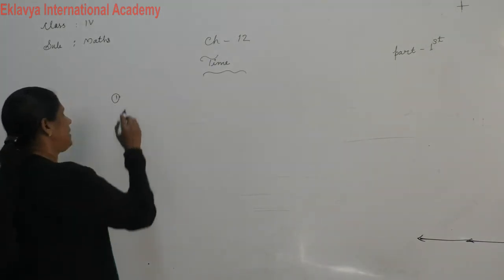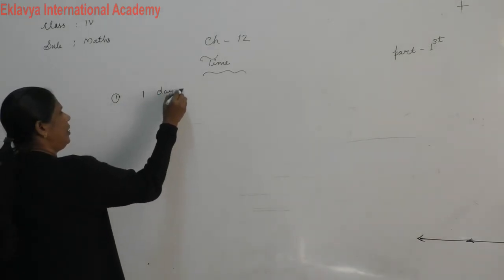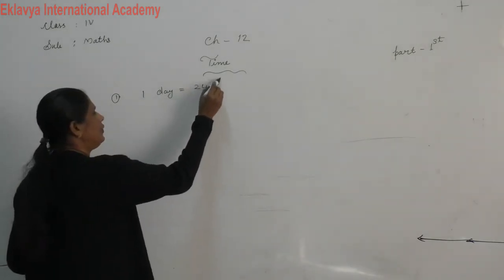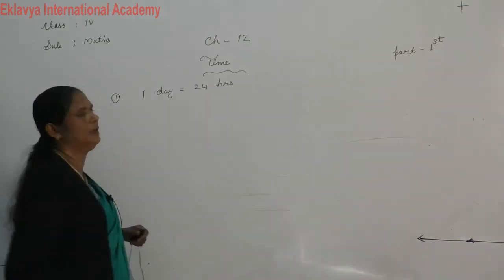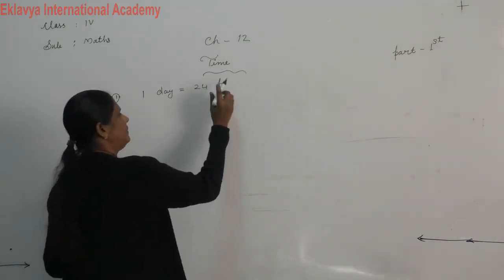First, 1 day is equal to how many hours? 1 day is equal to 24 hours.